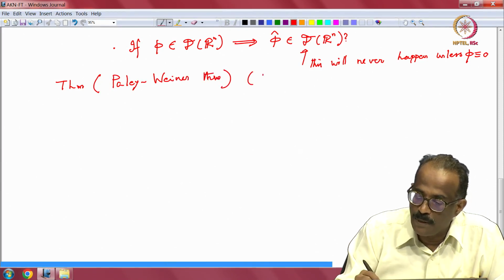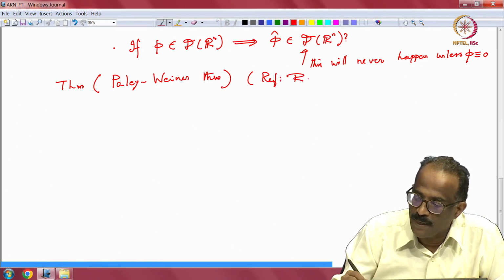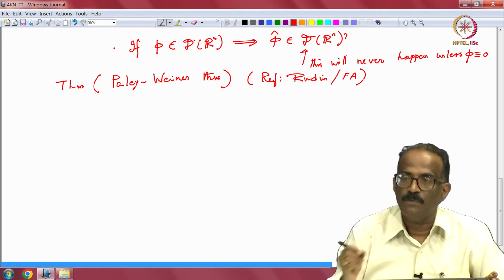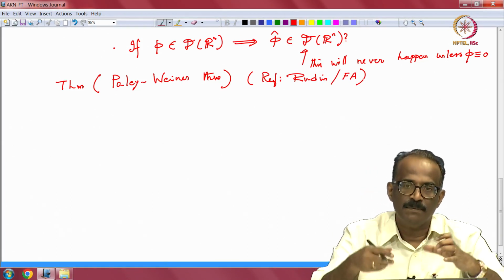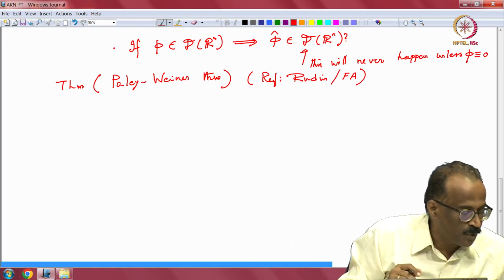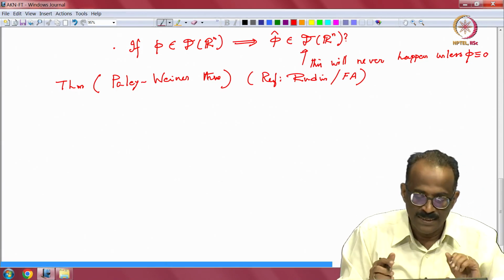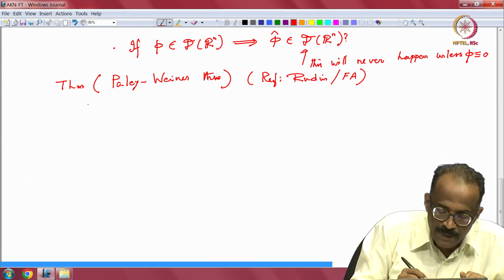You can look into many books; as a standard reference, Rudin's Functional Analysis. You will see the theorem, proof and much more material there. So, what is this Paley-Wiener theorem?